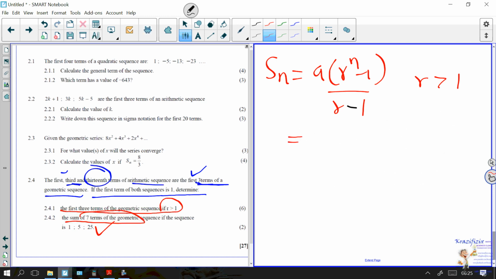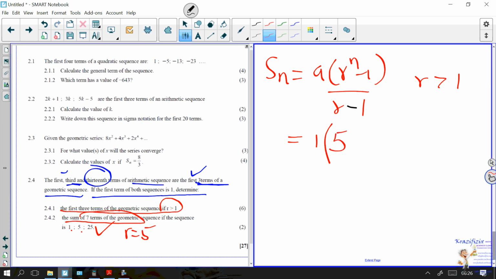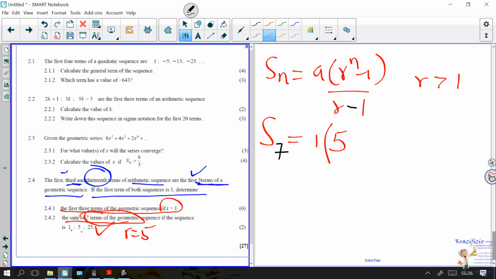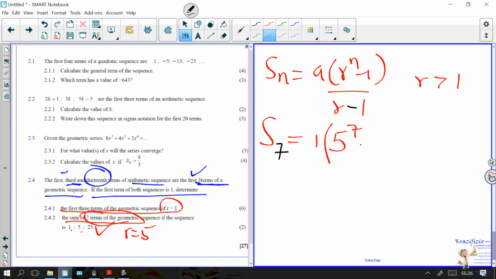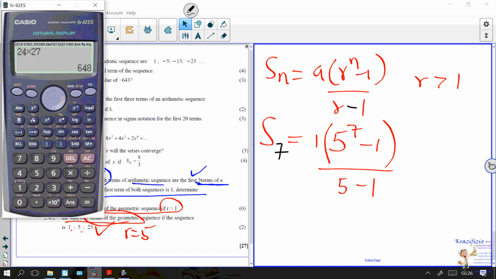What is my A? 1. What is my R? Remember T2 over T1. My R equals 5. This is S what? S7, the sum of 7 terms. So 5 to the power 7 minus 1 over 5 minus 1. Here, don't use your head, use a calculator.